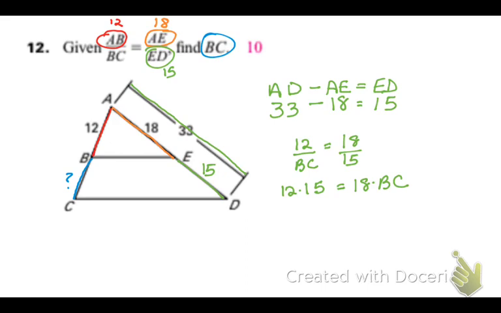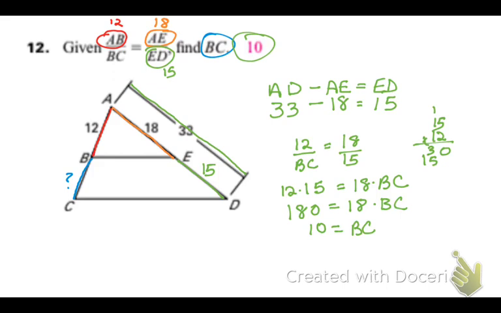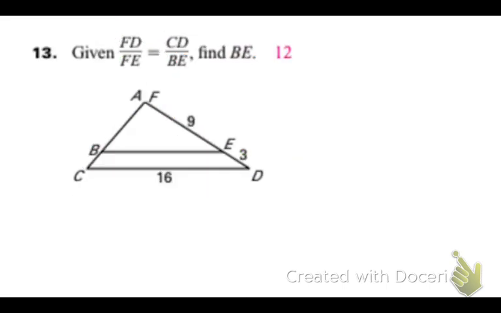And I work that out. 12 times 15 is 180, which is equal to 18 times BC. Okay, BC is going to be equal to 10. We divide both sides by 18, and sure enough, there's my 10. Okay, so on to the next one.